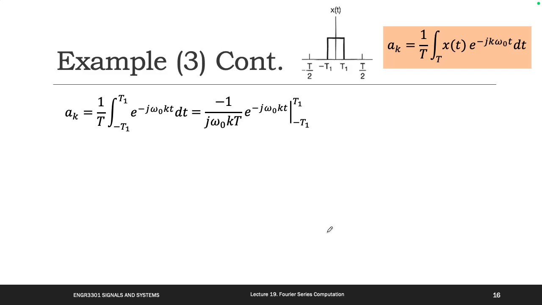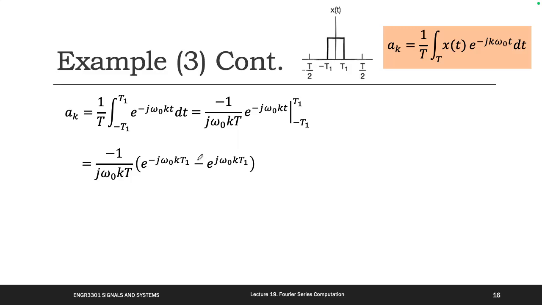And for these equations, we just use this one. This is just the regular integration, with the duration from negative T1 to T1. Am I right? And then you put in T1 minus negative T1. Does that make sense to you? And you can get this one.